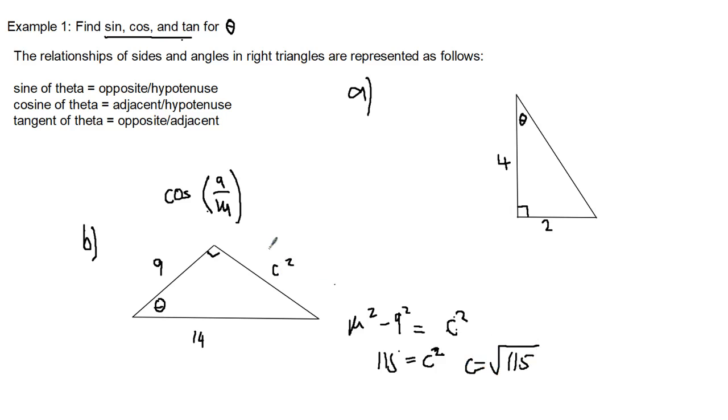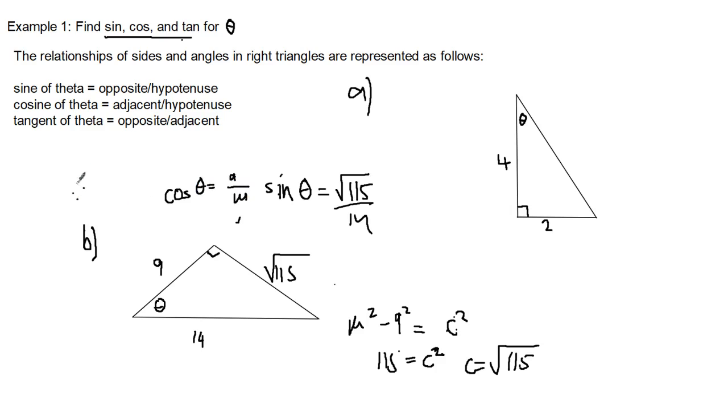Then sine of theta will be equal to square root of 115 over 14. Sorry, this is how I was supposed to write it down. Cosine of theta is 9 over 14.